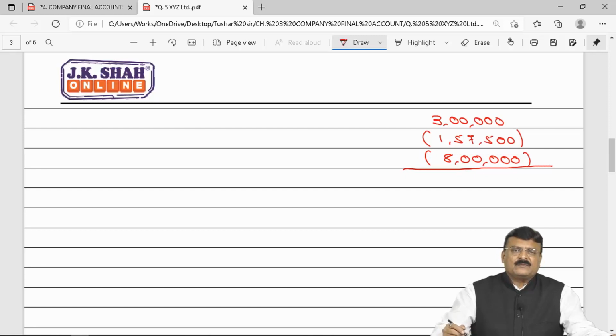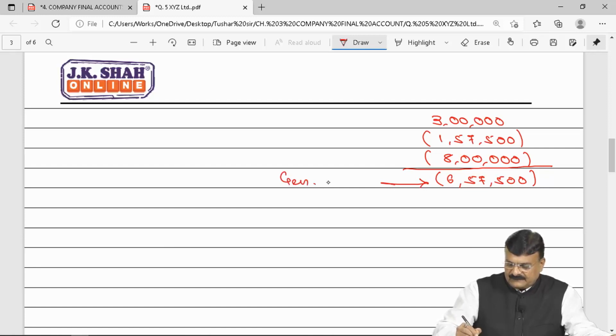So in short, the shortage is 6 lakh 57,500, and this shortage we are planning to use out of general reserve.